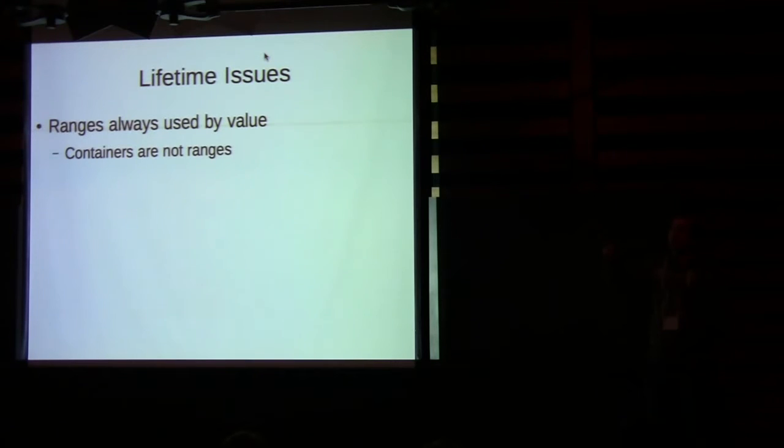So there is actually a function that you need to call to get a range from a container. So you can only say sort vector if we can recognize, well, that's a container. Let me get the range and forward to the real algorithm, which is possible to implement. It would be a lot easier to implement if we had concepts.